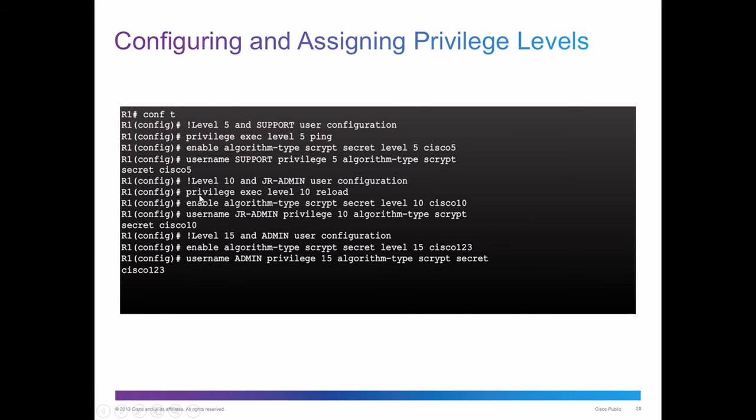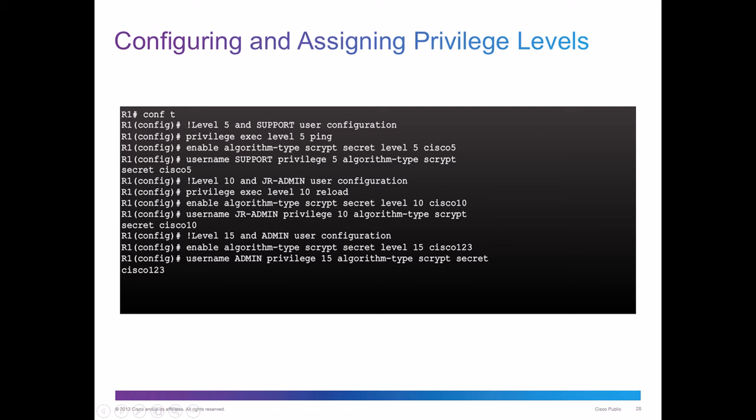In this case, so type in this command. This guy, privilege exec level 10 reload. So this guy is at level 10. So this junior admin has level 10, and he'll be able to use the reload command. But he'll also be able to use the ping command because level 10 is higher than level 5. Is that clear?